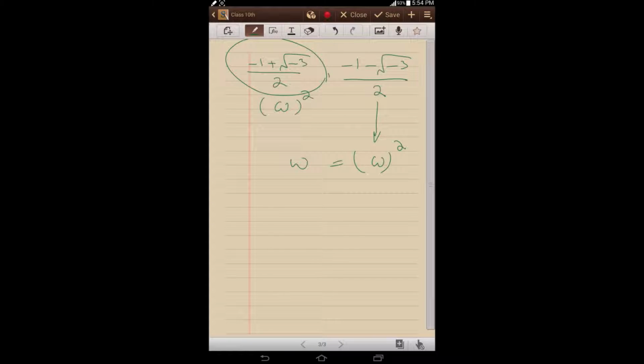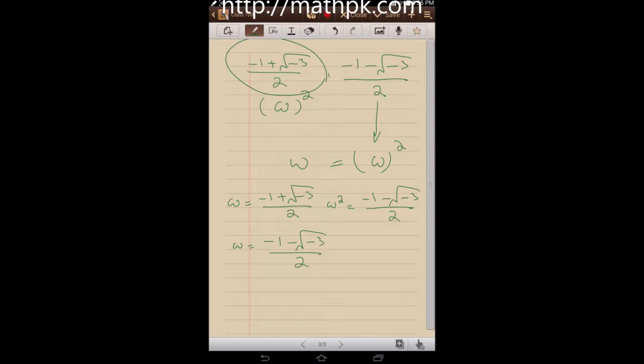So it means if we say omega is equal to -1 plus √-3 divided by 2, then omega squared is equal to -1 minus √-3 divided by 2. Or if we say omega is -1 minus √-3 divided by 2, then omega squared will be -1 plus √-3 divided by 2.